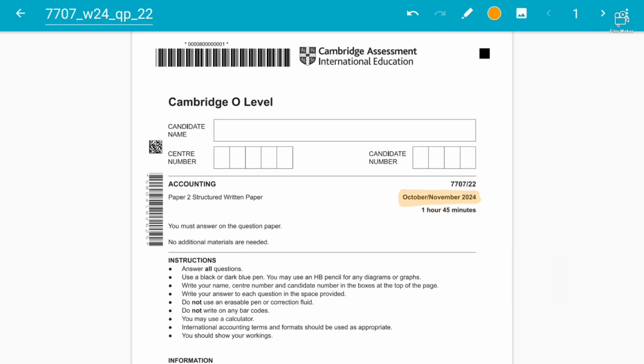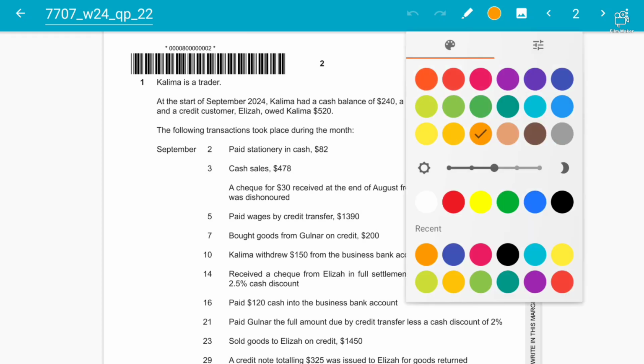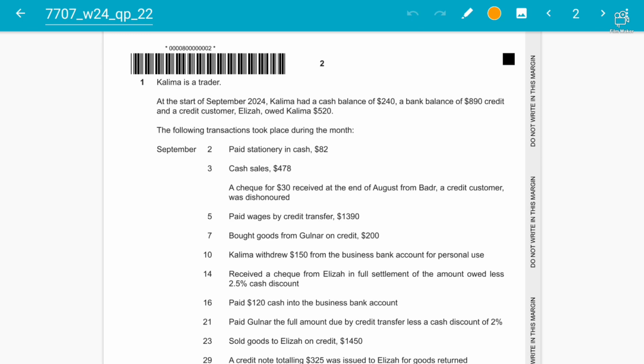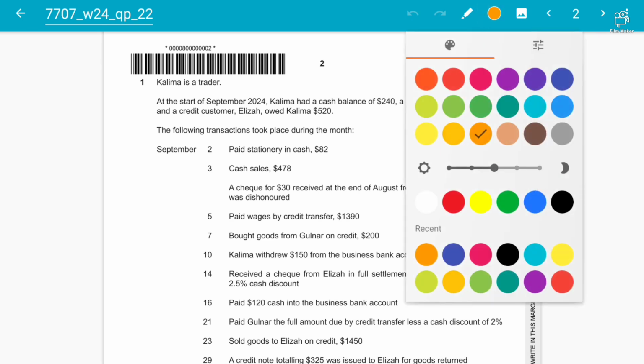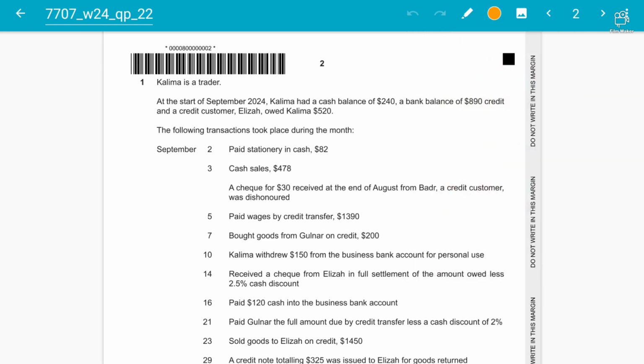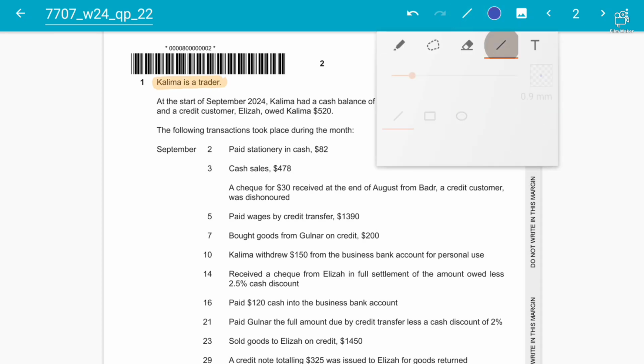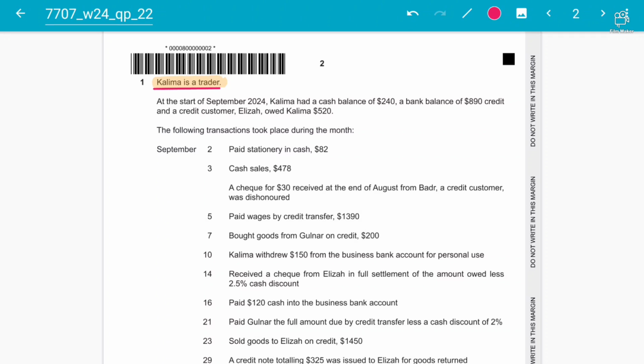Let's get started with question number 1, which is on the books of prime entry. From the syllabus perspective, students, it's always section number 1 and section number 2. So what we have is basically Kalima, who is a trader. So the name of the person is available.